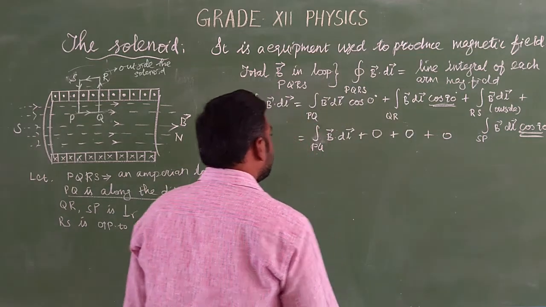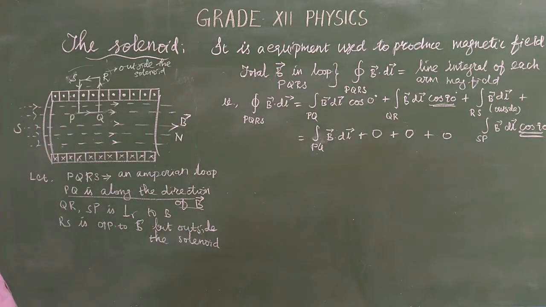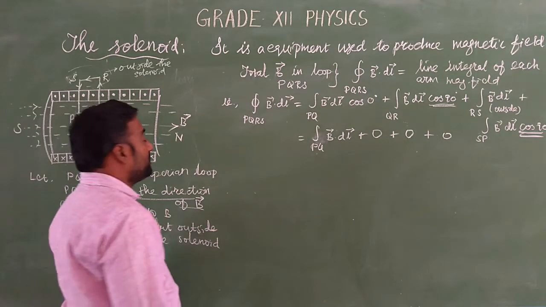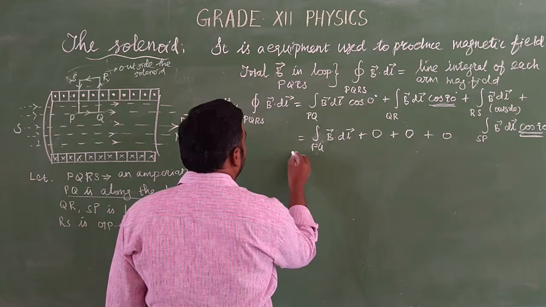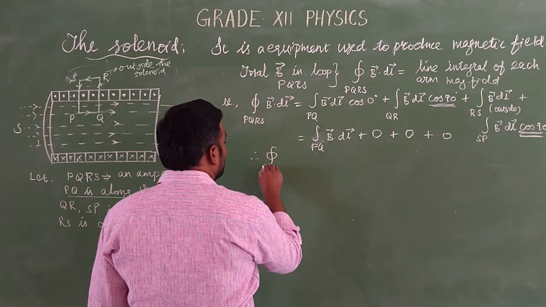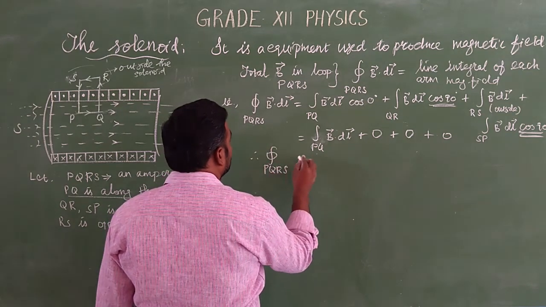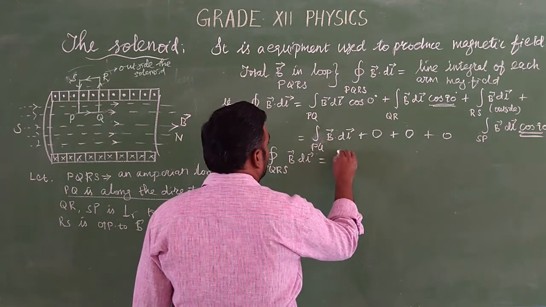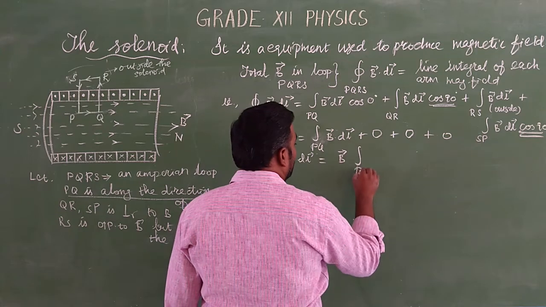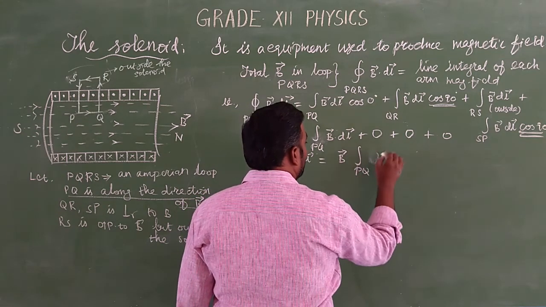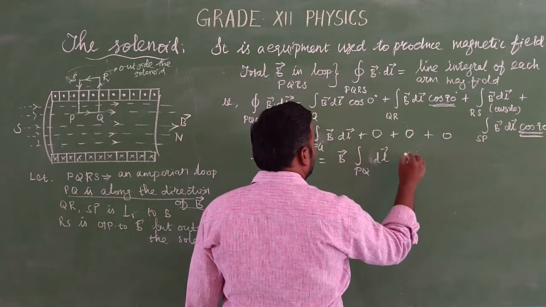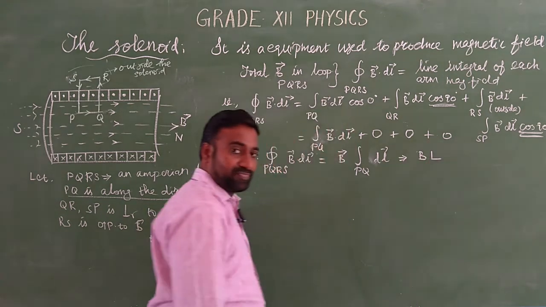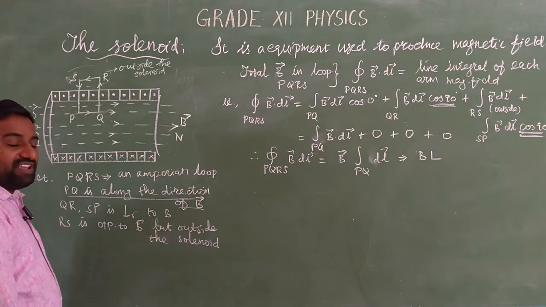So the total magnetic field contribution comes from the one single arm, that is PQ in the rectangular loop, which is along the direction of the magnetic field. Therefore, closed integral PQRS B vector dl is equal to B vector integral PQ dl, which is equal to BL. Okay, so that we can find.